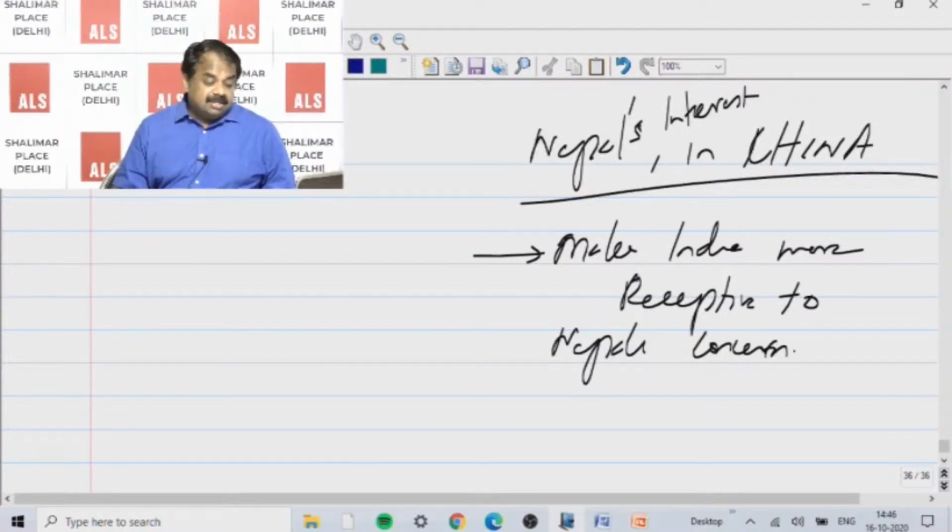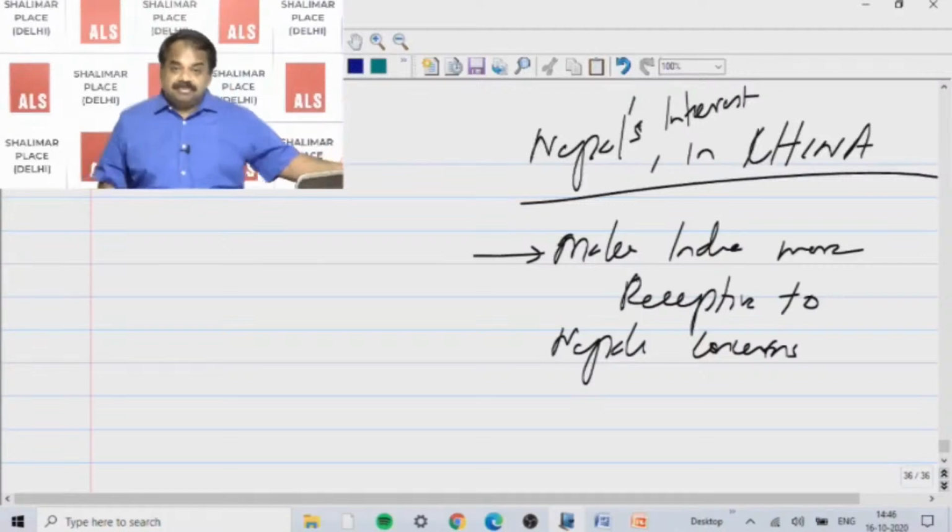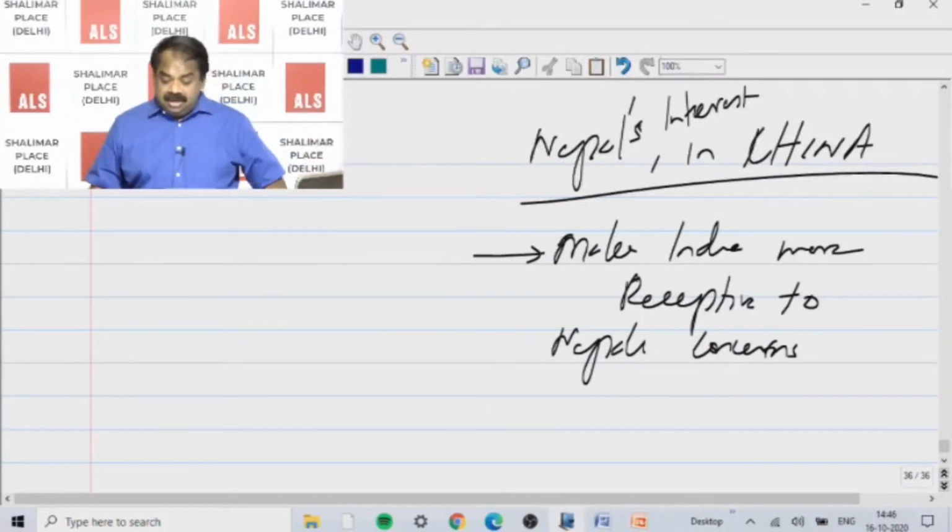The way we are concerned right now about Nepal falling into the hands of China, every Indian leader is concerned about the same thing. So, Nepal knows that it can make India more receptive to Nepali concerns.